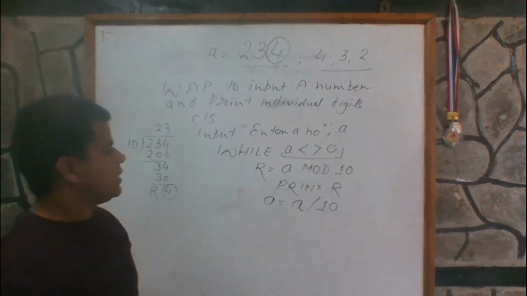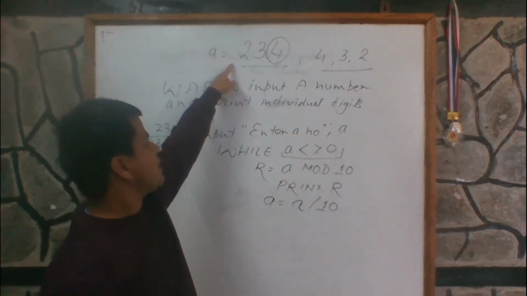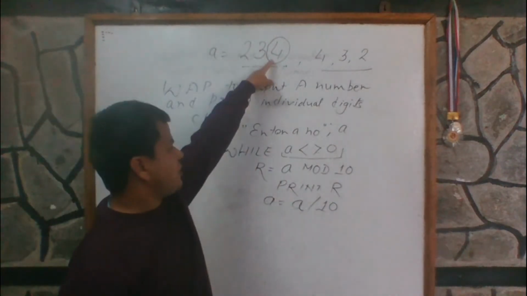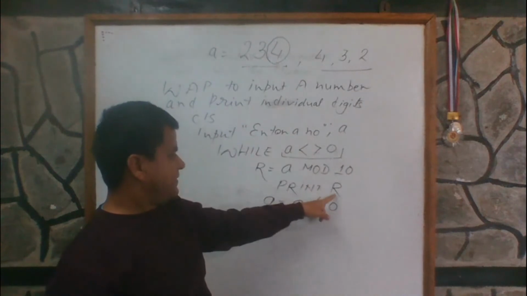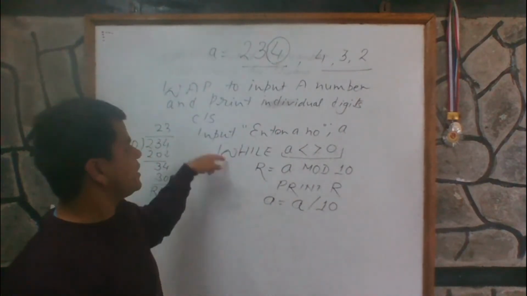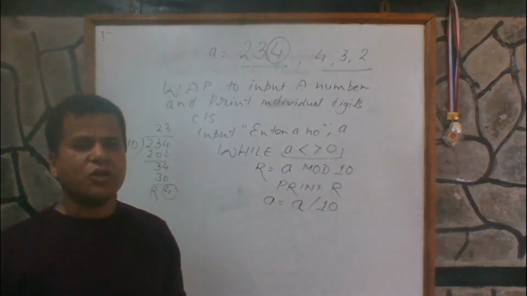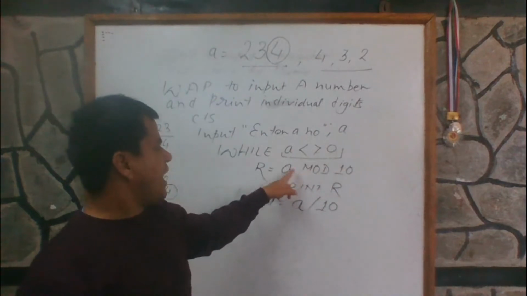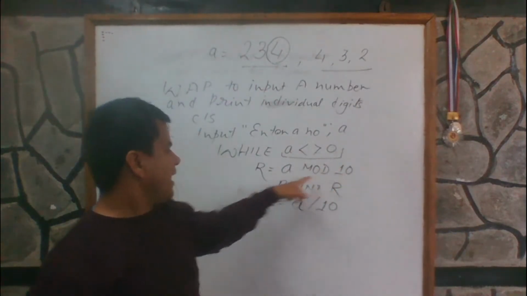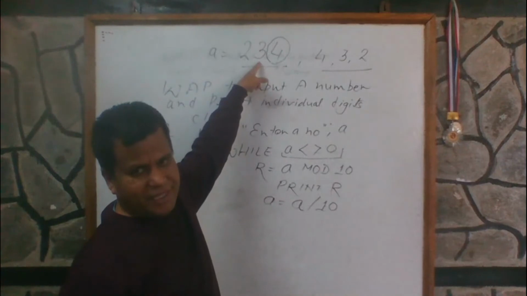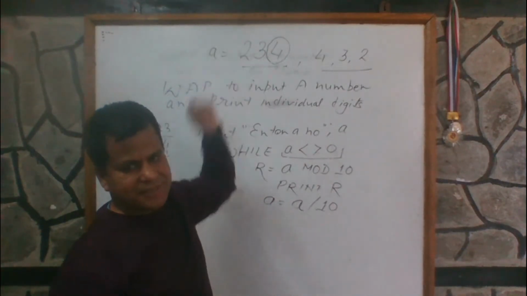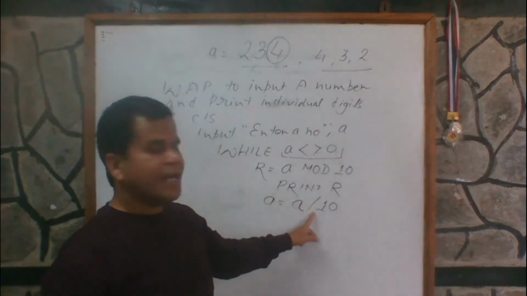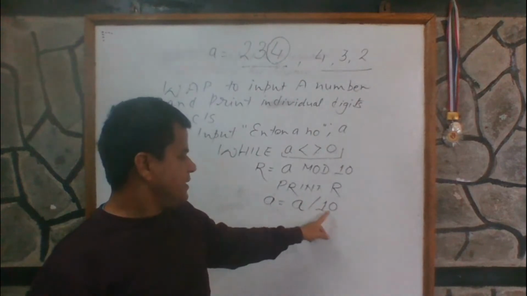In the next loop, the value of A at the starting is 234, but after this calculation, after extracting 4 separately, next time when the loop works, I want the value of A to be 23, so that 23 is not equal to 0, the condition is true, and when 23 is divided by 10, it leaves the remainder 3, and we can get the next digit as 3. So that's why this line is also important. A is equal to A integer division, or you can say divide by 10.